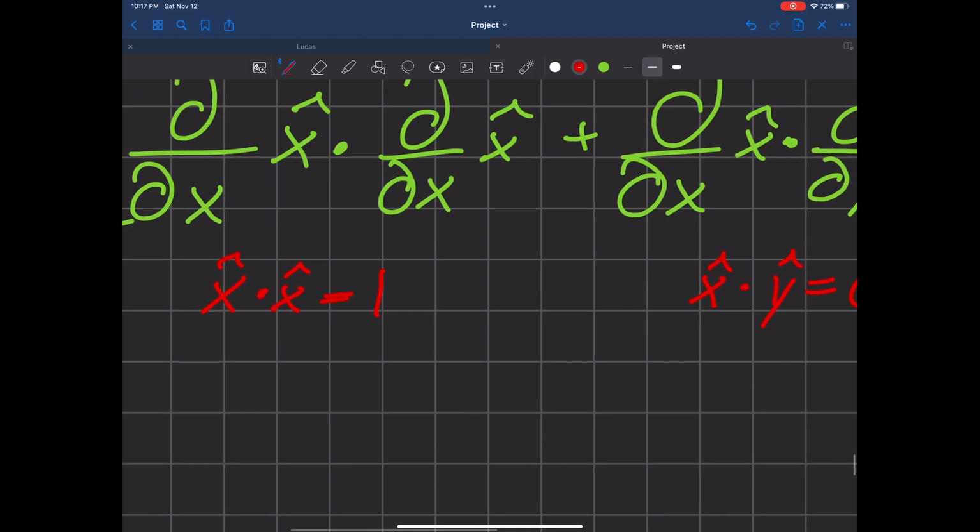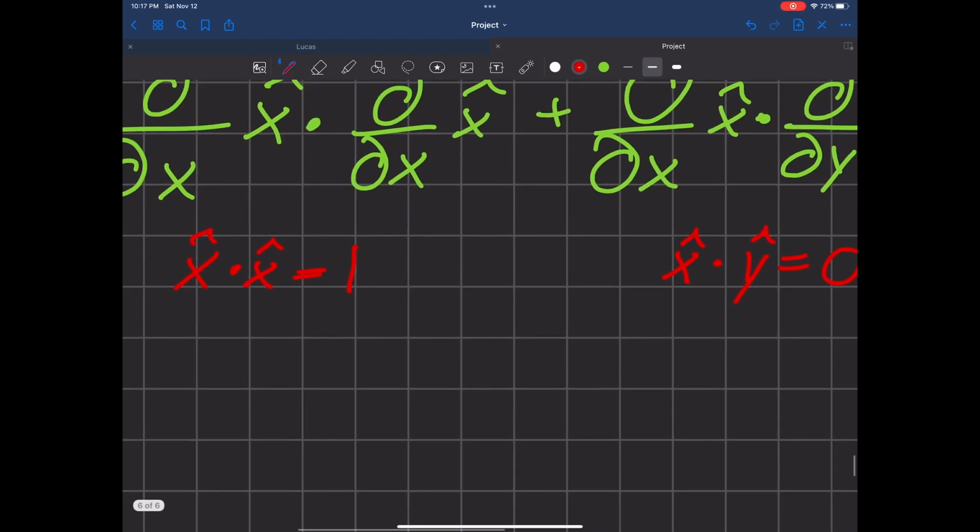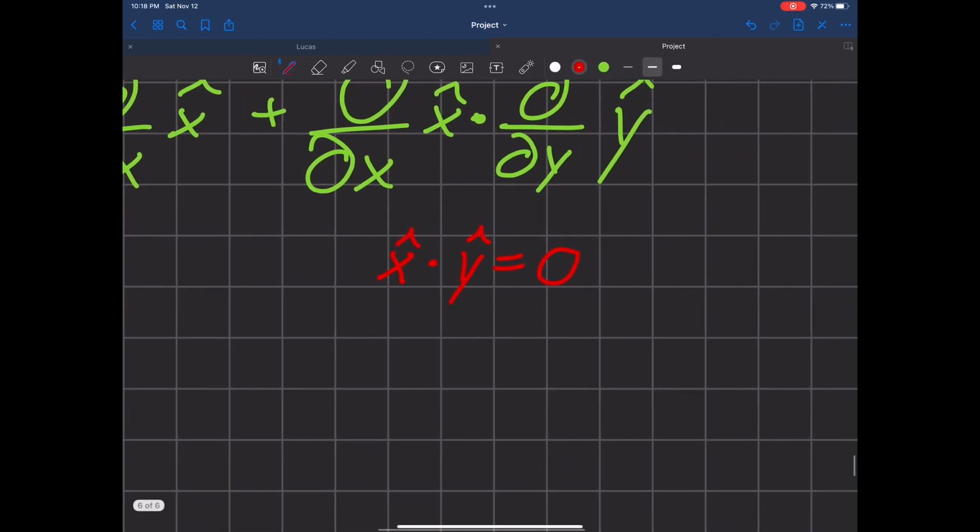Basically, whenever we're dotting two vectors, because the hats are vectors of magnitude 1, we're actually doing the projection. So we're saying how much of our x hat vector is in the direction of an x hat vector. What magnitude is there? Similarly, with this, we're saying how much of the x hat vector is actually in the y hat direction.